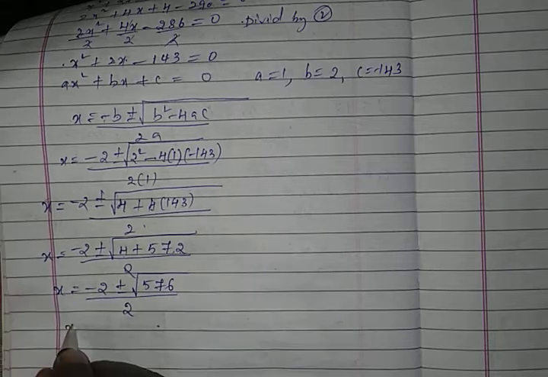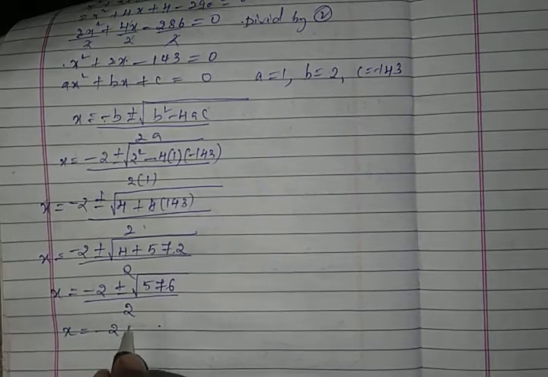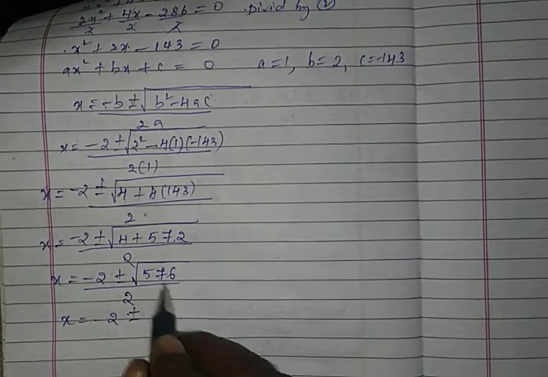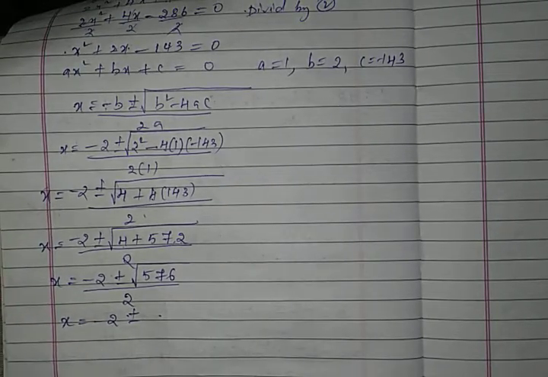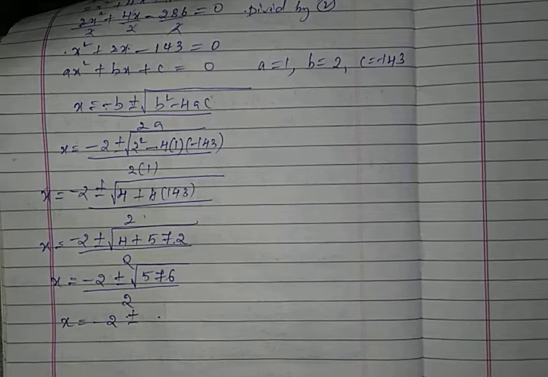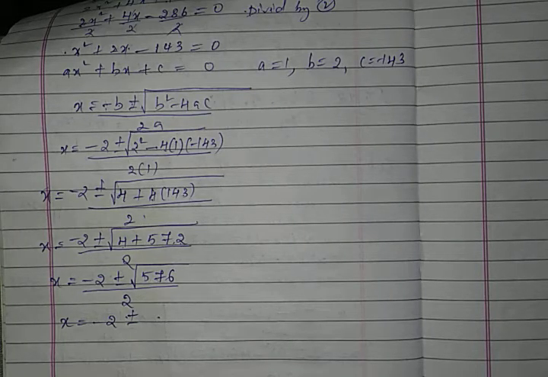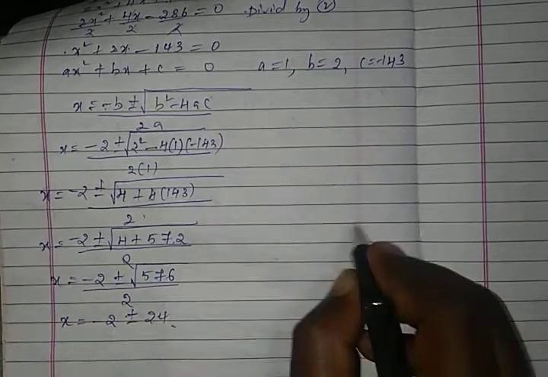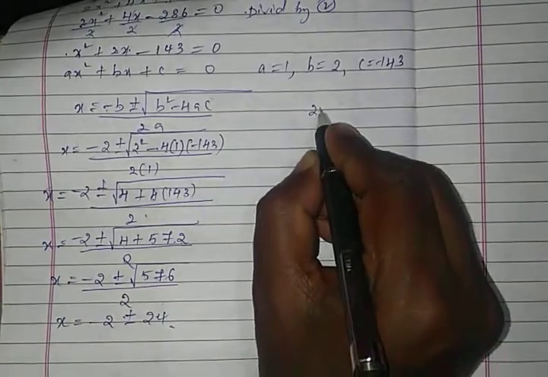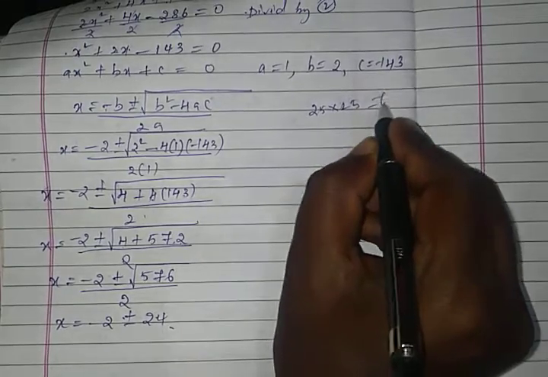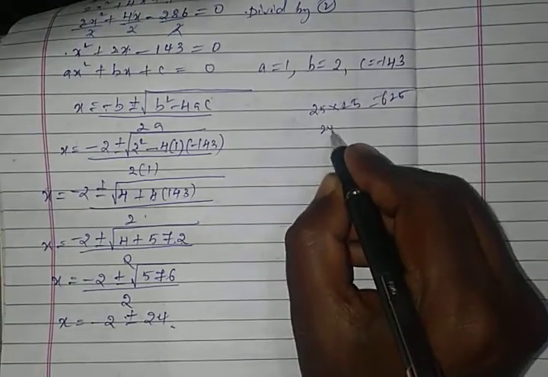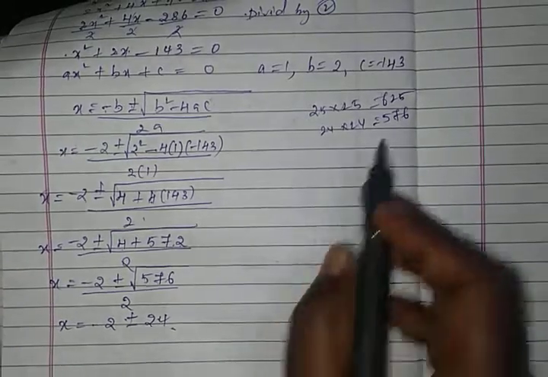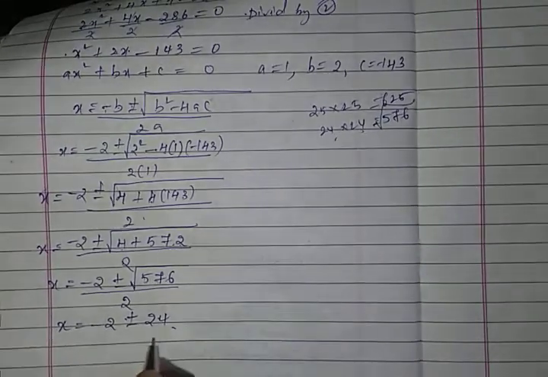Then x is equal to minus 2 plus or minus the square root of 576, which is 24, because see, 25 into 25 is 625, 24 into 24 is 576, so the square root of 576 is 24.